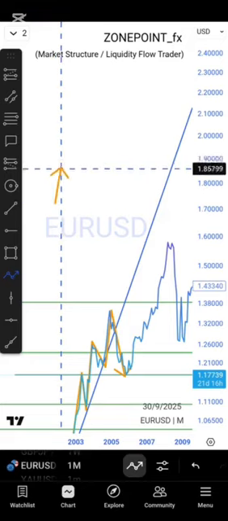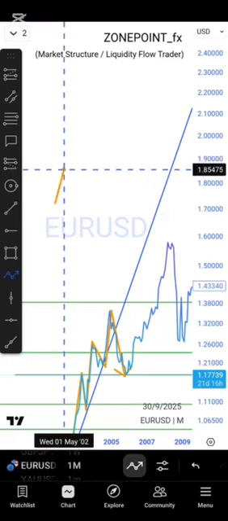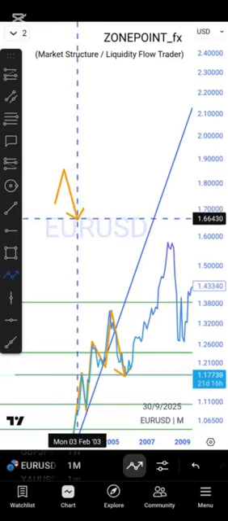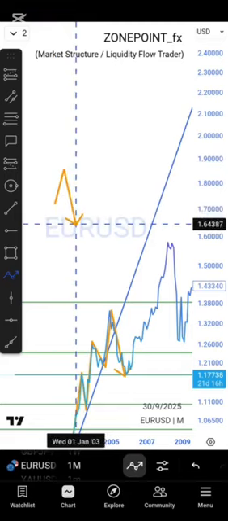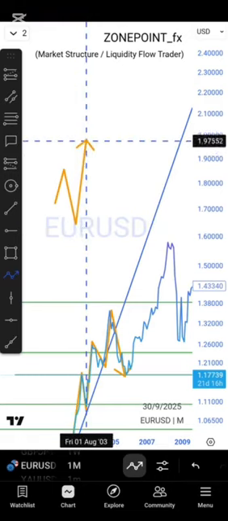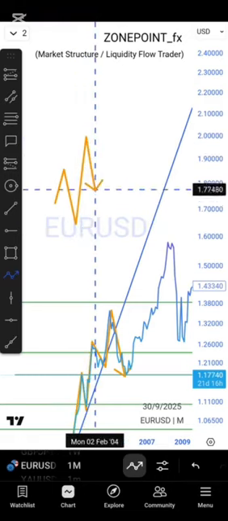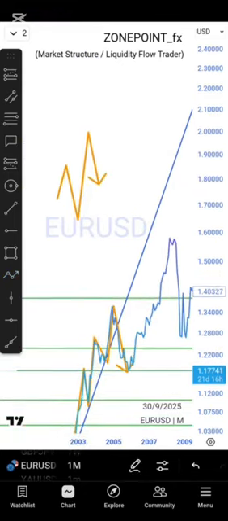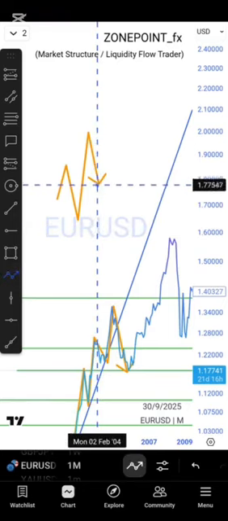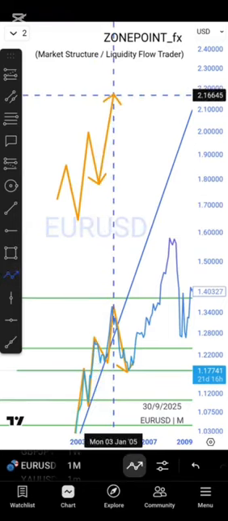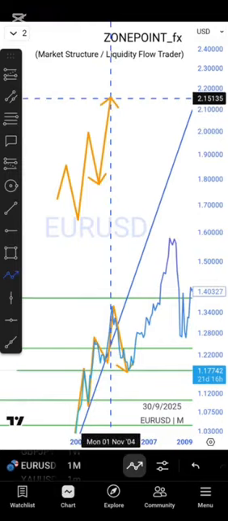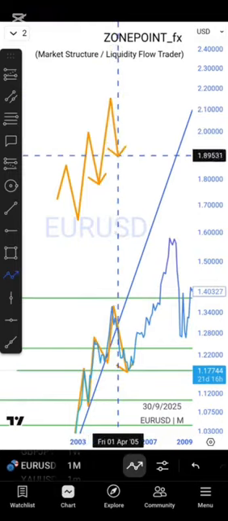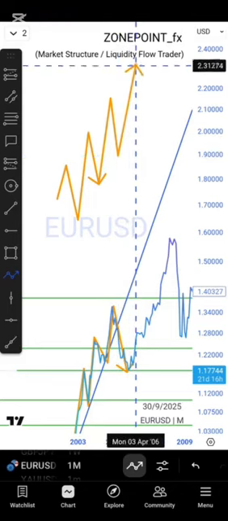Price creates, let's say we are in an uptrend, price come like this, create a higher low, break structure, create a higher high, come back, create a higher low, break structure, create a higher high, come down, create a higher low, break structure, create a higher high.